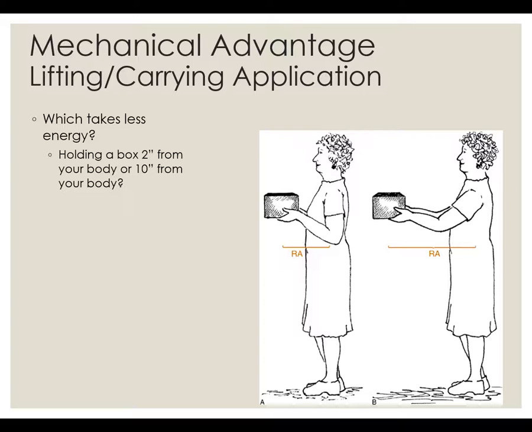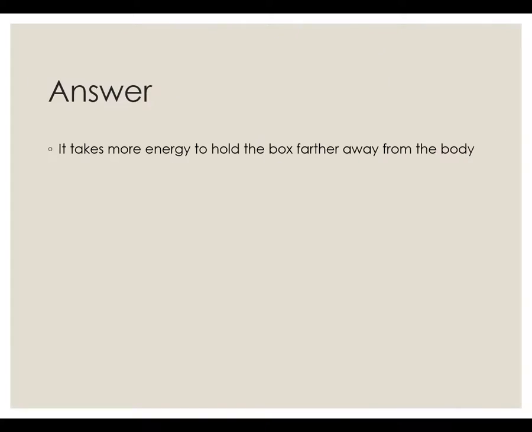What is going to create a mechanical advantage here? All right, so if she shortens the resistance arm and brings her elbows in, she gives herself that mechanical advantage, okay, over the lengthening the arms. Takes more energy to hold the box further away from the body.